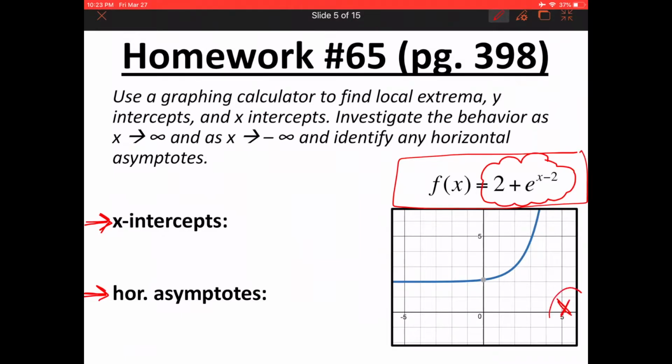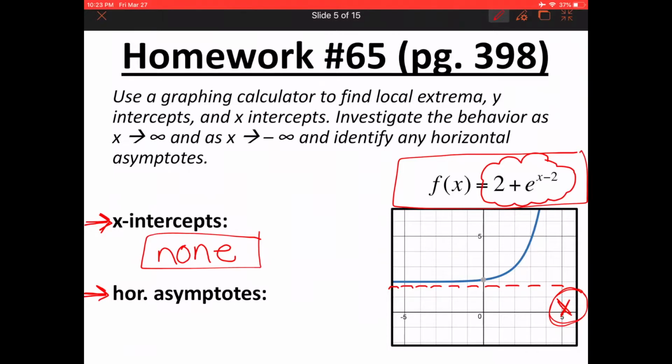So here is my x-axis, and my curve does not cross the x-axis. So for x-intercepts, you would just tell me none. For horizontal asymptotes, do we see how, yes, we do have this invisible line that my curve is approaching, but it's never touching.